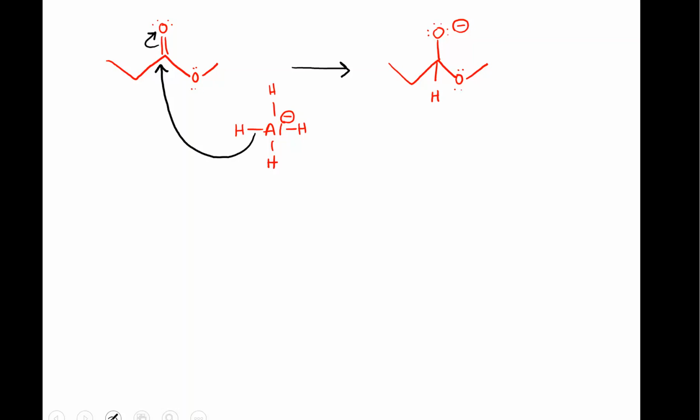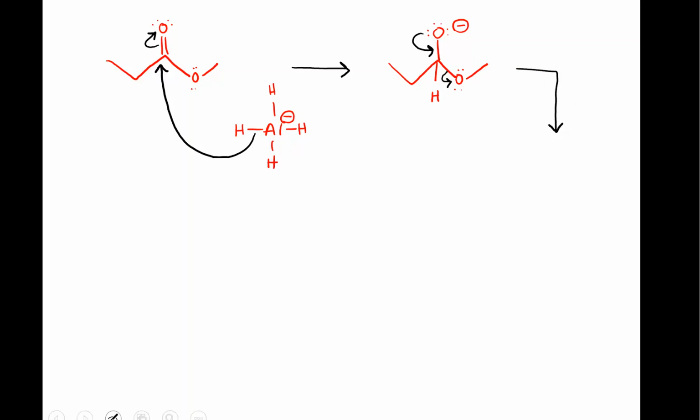This intermediate is still reactive because there's a potential leaving group attached to this carbon. So if we push electrons back down to reform a double bond, it's possible to kick out this oxygen, where it's not possible to kick out a carbanion. We can have an oxygen with a negative charge be a leaving group.